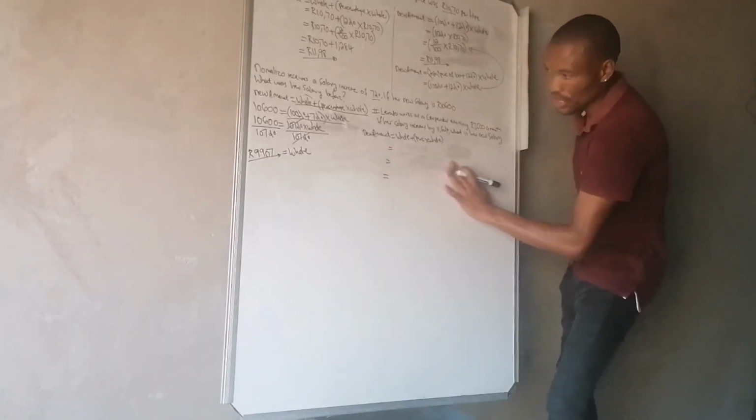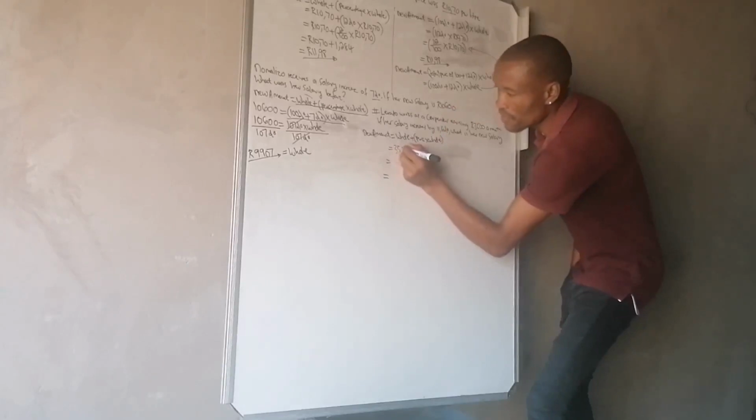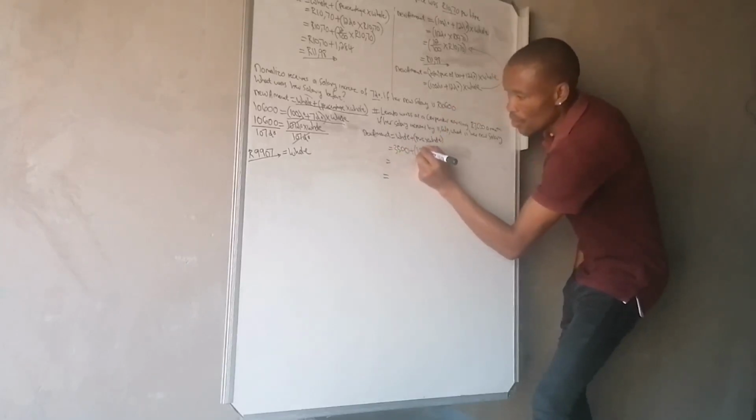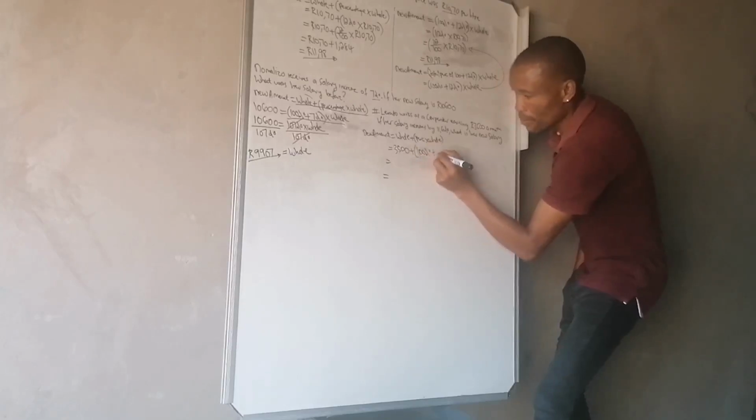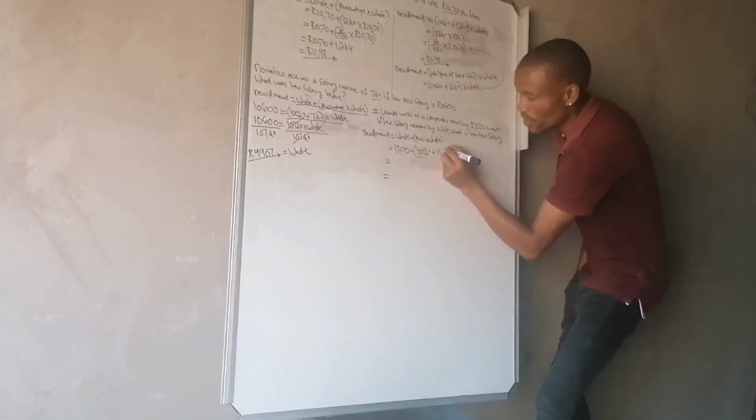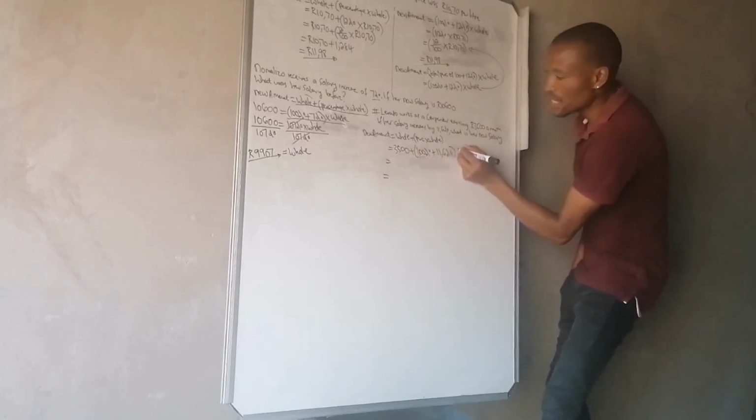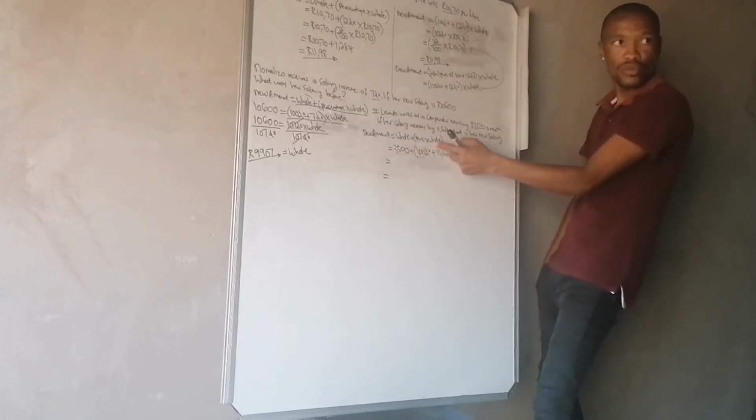Immediately, we have 3.5 plus 100% plus 11.6% multiplied by the whole.